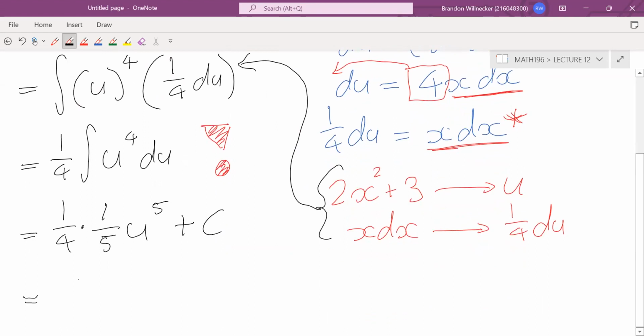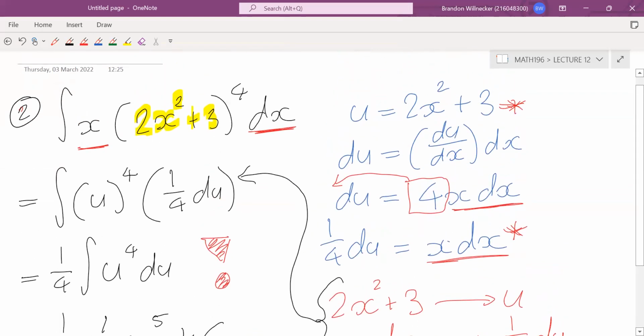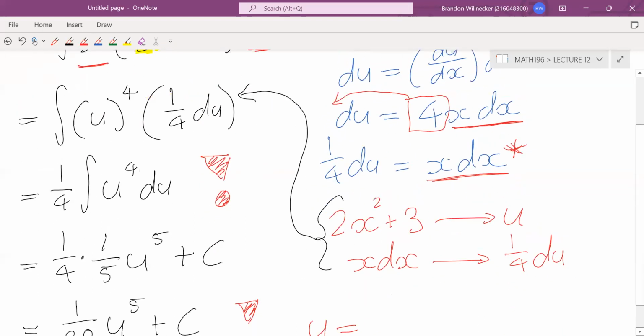Okay, so 1/4 times 1/5 is going to be 1/20 u to the 5 plus c. But remember, we don't want to stay with u variables. We want our original x variables. So remember, u is equal to, what did we put? 2x squared plus 3.